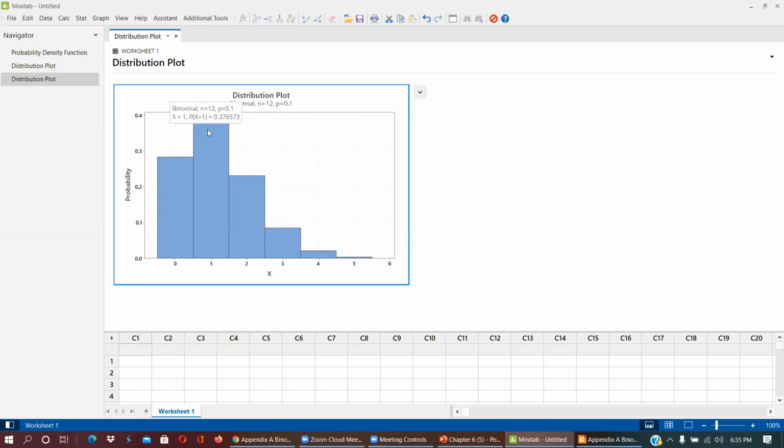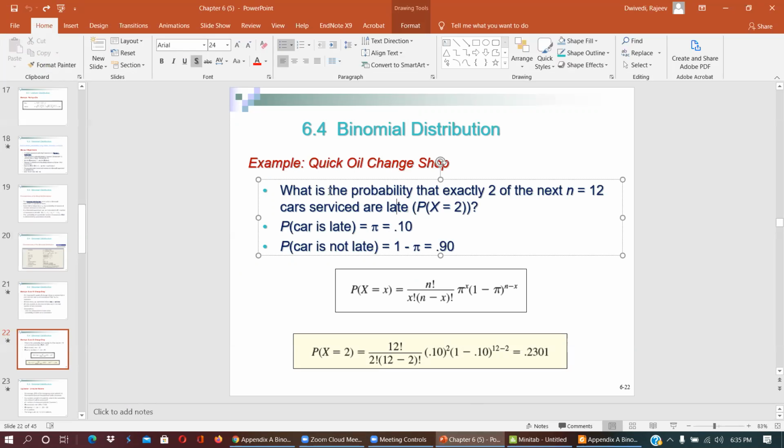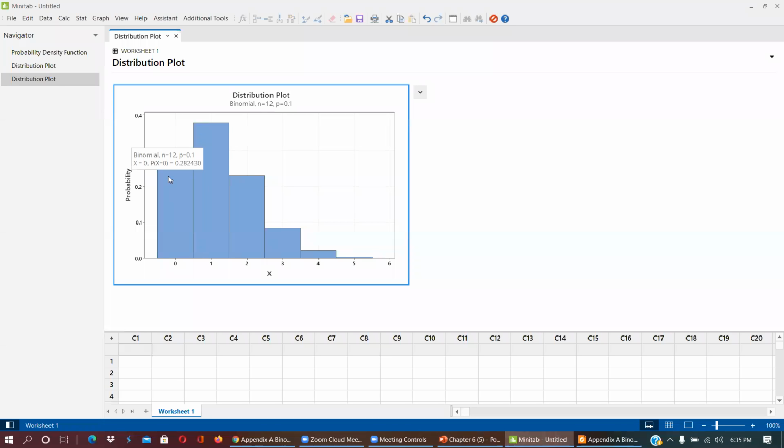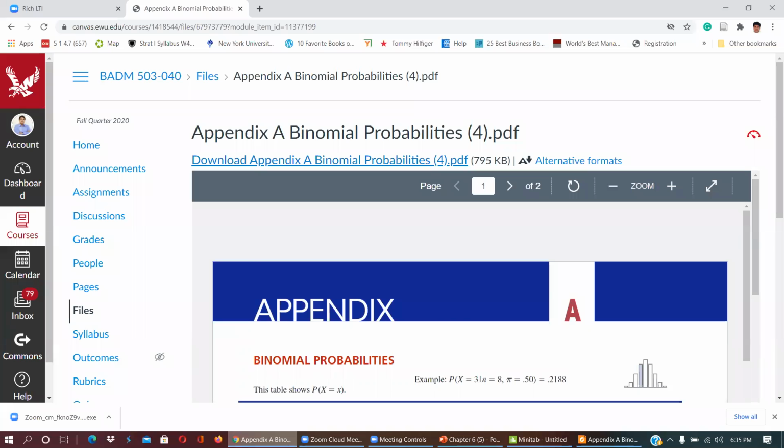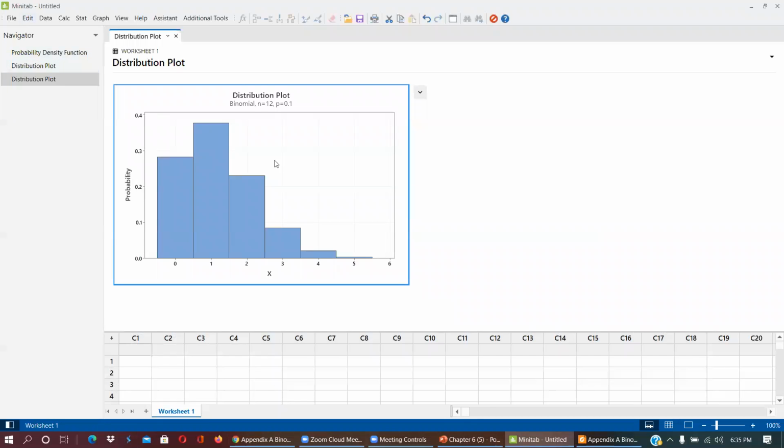What is the probability that exactly 0 of the next 12 cars serviced are late? That would be 28.24%. You can get it from Minitab, and you can get it from the table. All the methods are applicable.